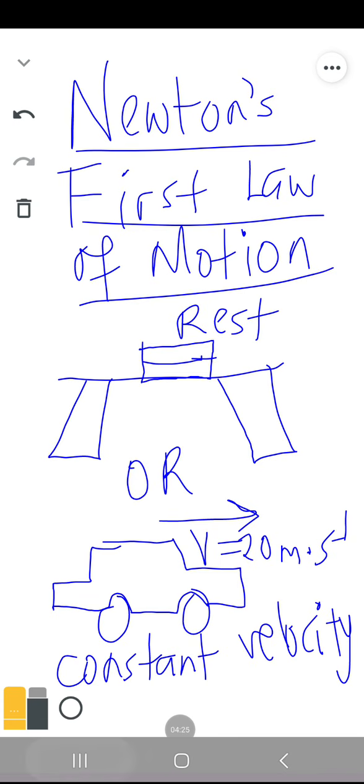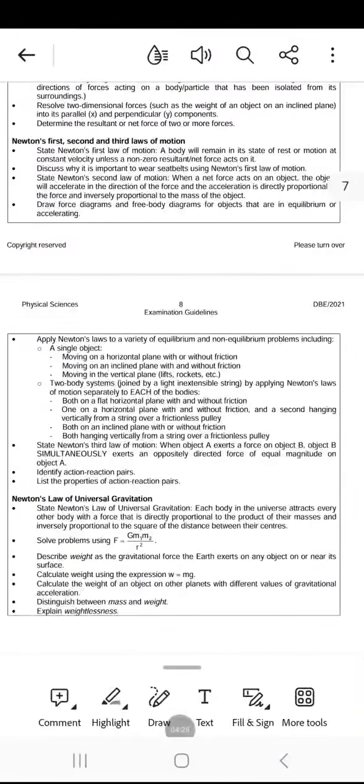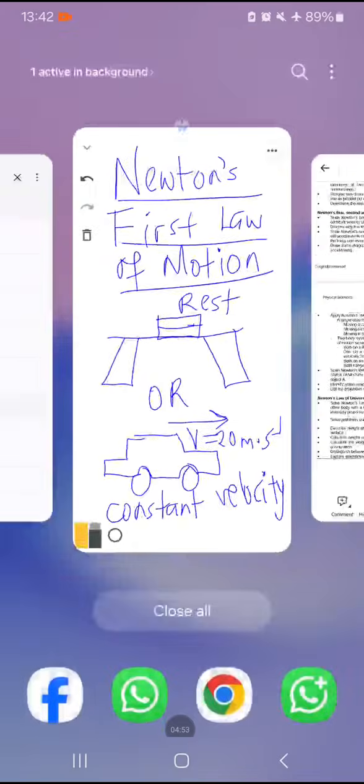Then if we read the last part of the definition, a body will remain in its state of rest or motion at constant velocity, unless a non-zero resultant or a net force acts on it. What does it mean when they say unless a non-zero resultant or a net force acts on it?